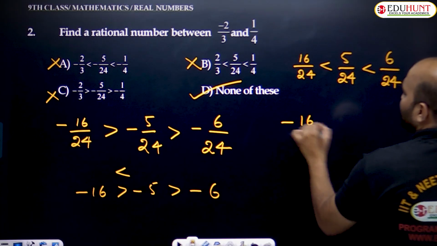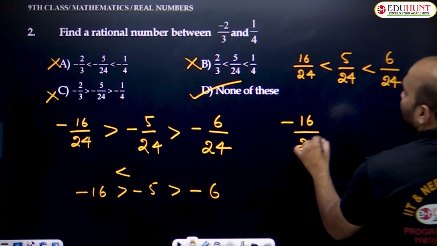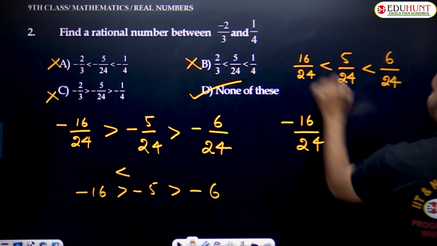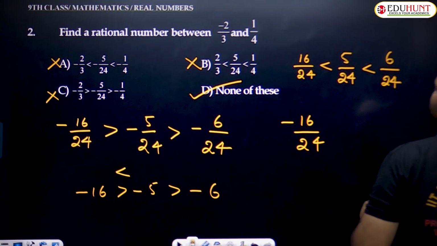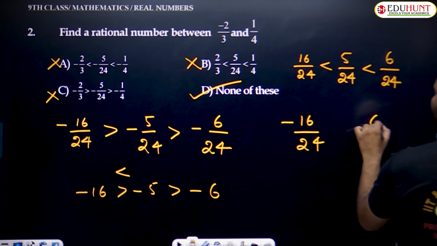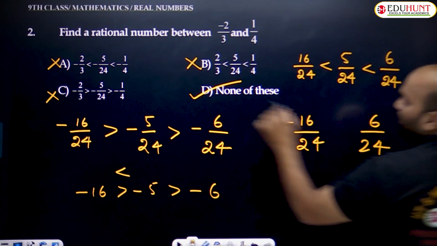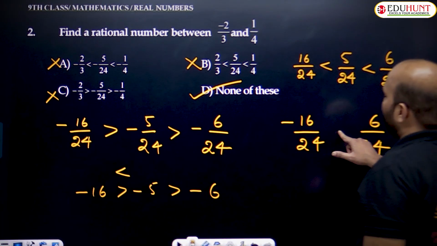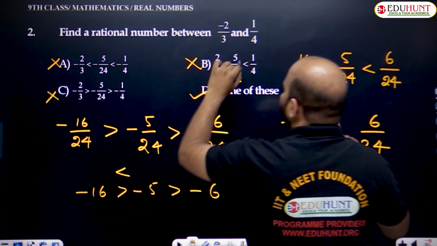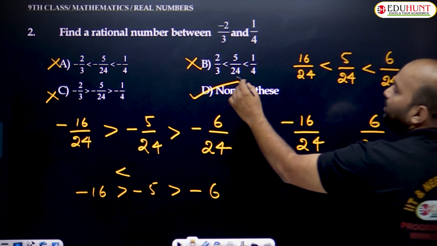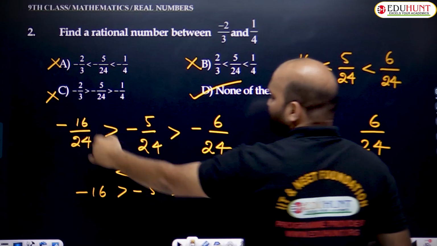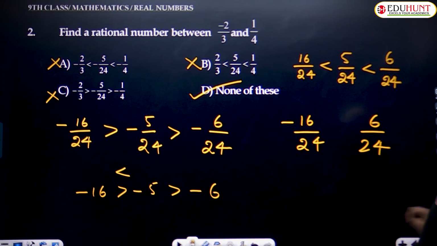It can be written as minus 16 by 24. So 4 how many is 24? 6, so both numerator and denominator of 1 by 4 multiplied by 6, nothing but 6 by 24. Am I clear? Between, what I am given here, minus 5 by 24, and 5 by 24 is also between there, but the less than and greater than conditions fail. Already checked. Okay, now option D is the right answer.